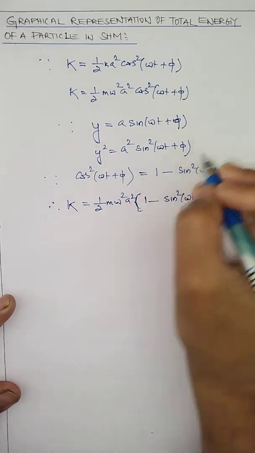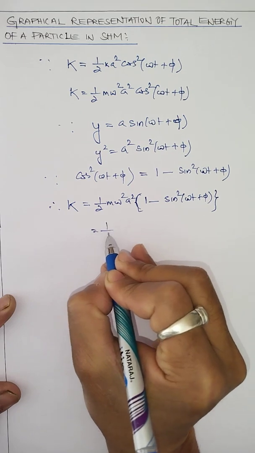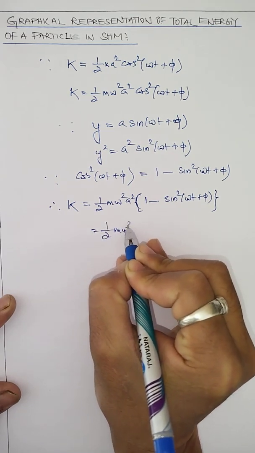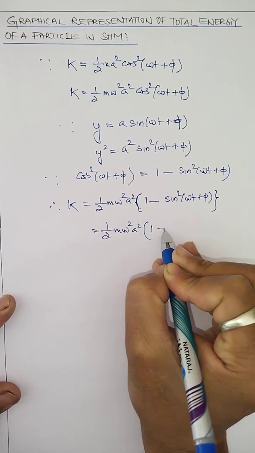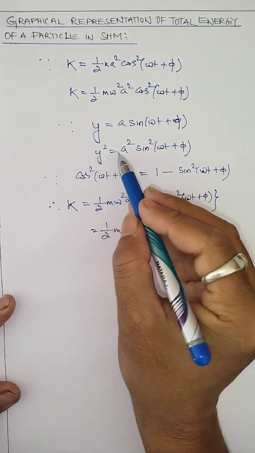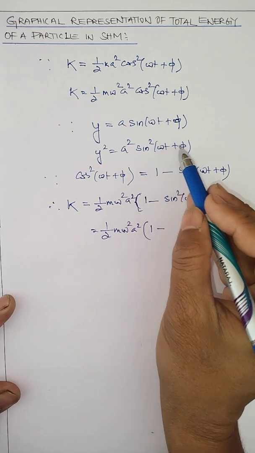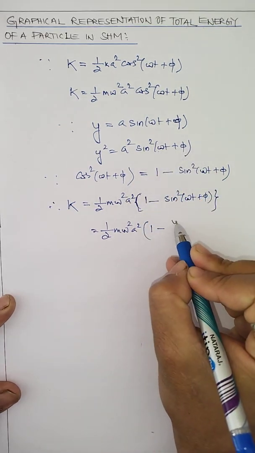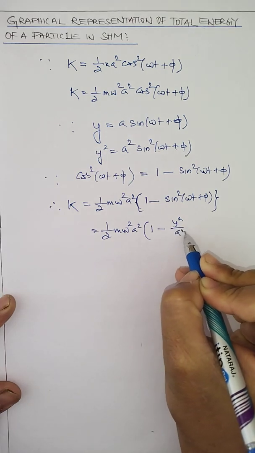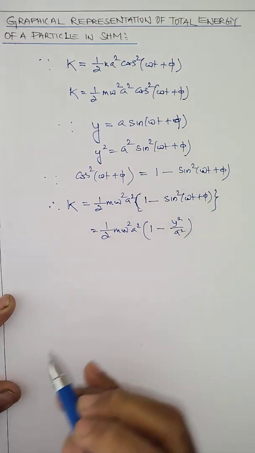The relation becomes 1 by 2 m omega square a square, with a bracket 1 minus. Since y square equals a square sine square (omega t plus phi), sine square (omega t plus phi) is nothing but y square by a square.